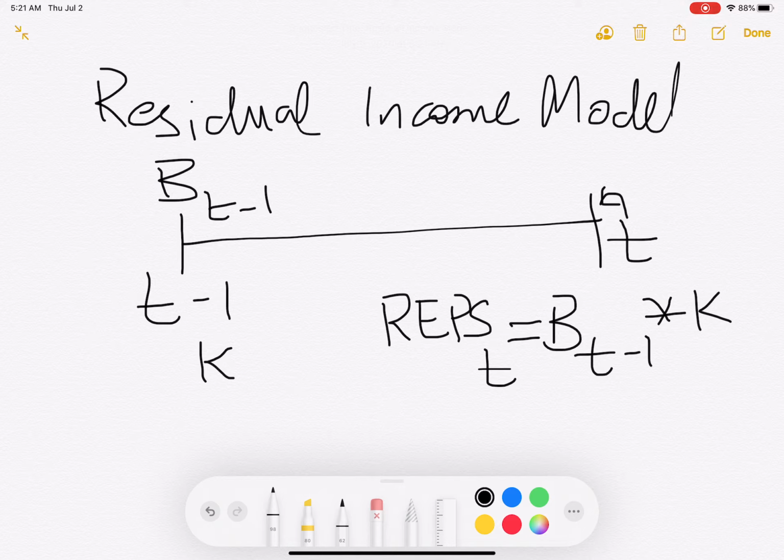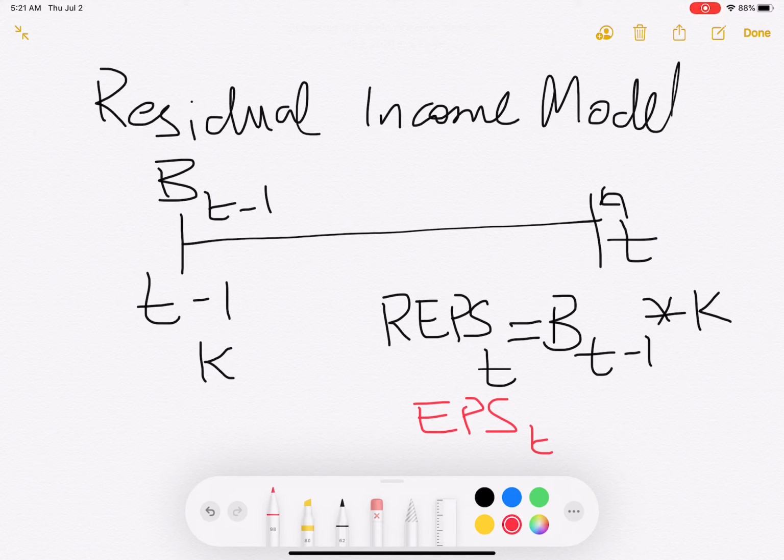But what is the actual earnings per share? That the investor will only know once the whole time period T ends. And that is the actual earnings per share T which he will get.